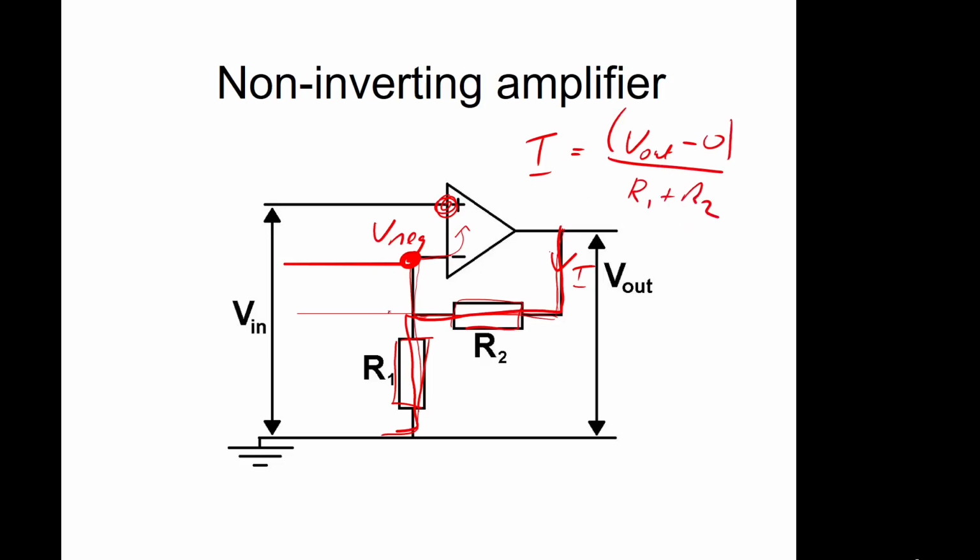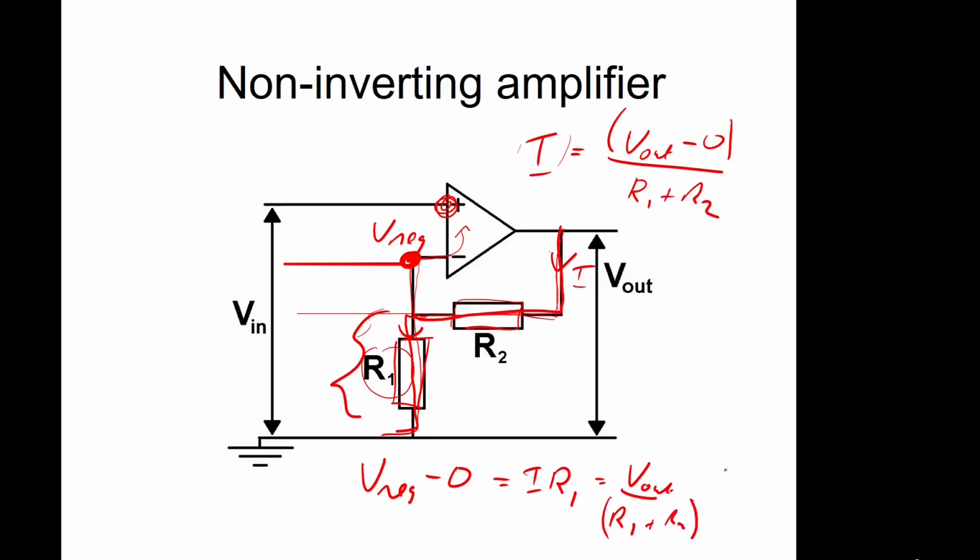The potential drop across this point is just the resistance times the current. We know the current is this, so our potential drop across here, so V neg minus 0, the potential drop here corresponds to our I times R1, which is V out over R1 plus R2 times R1.